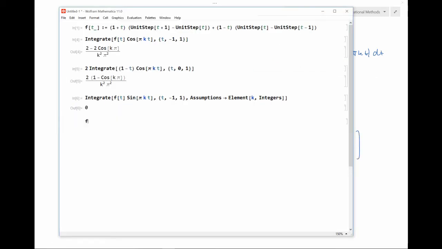Let's see if that works. So I'm going to define f as a summation. First, I add 1/2, so it's just there.